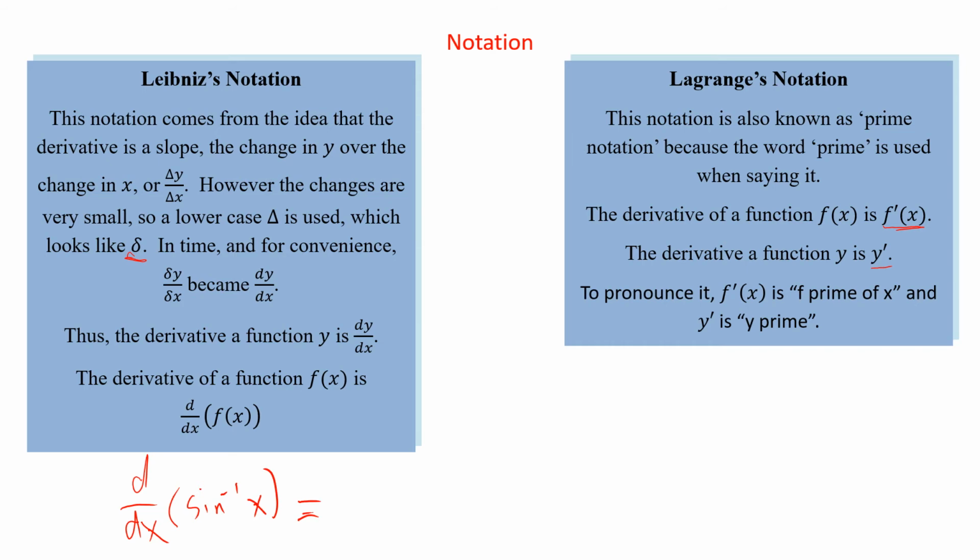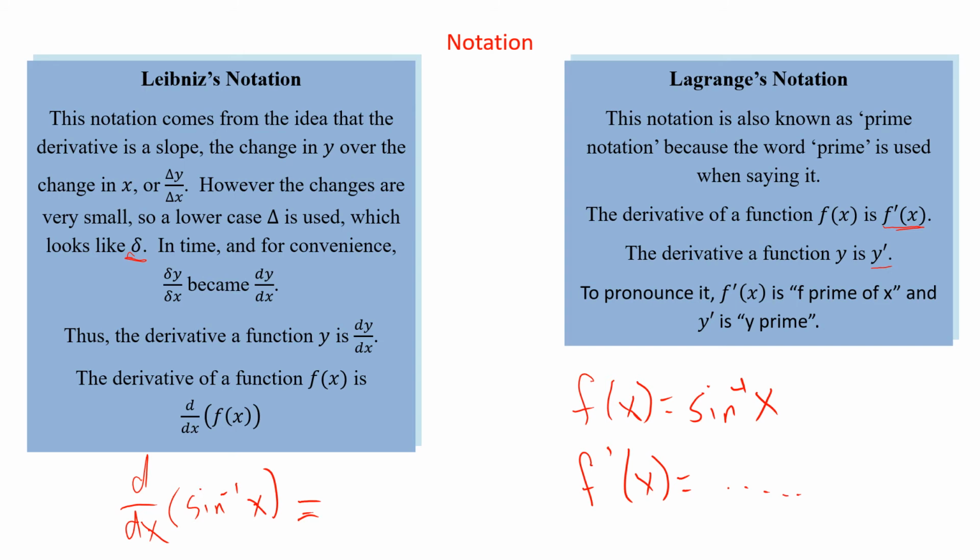If we wanted to define a function like the inverse sine function, we'd have to say f of x equals inverse sine x, then f prime of x equals whatever that's going to equal. And we will get to that, but not in this chapter. And so those are the types of notations we're going to use.